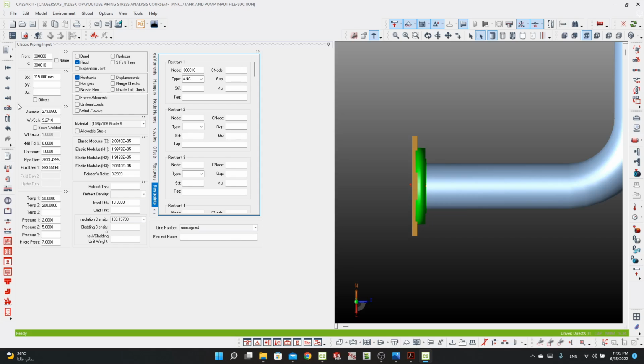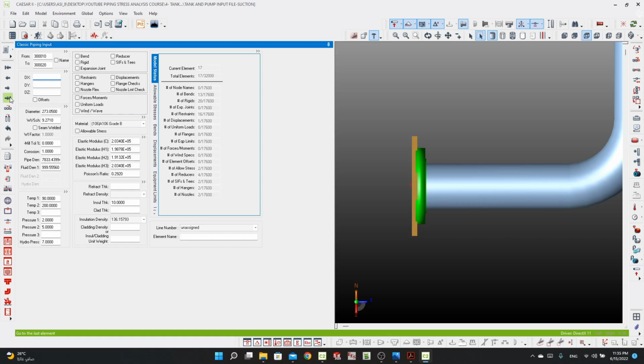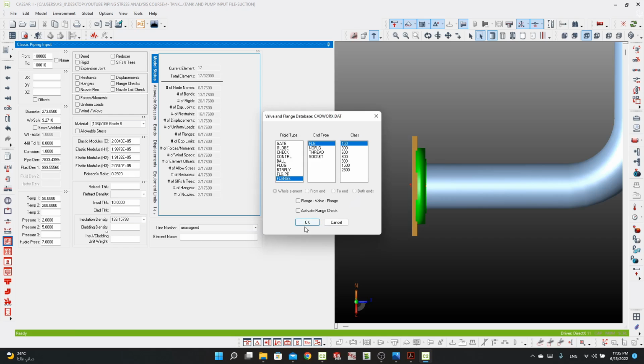After we go to the end of the calculation, then start your calculation. You need to put 10,000, 100,000 here, and insert a flange.